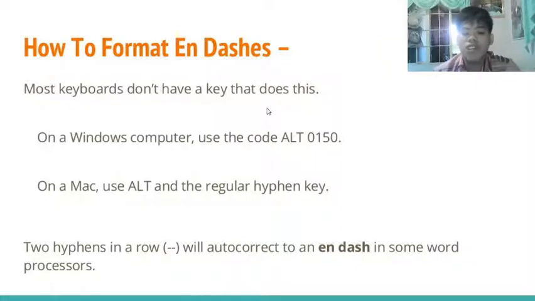On a Mac, use Alt and the regular hyphen key. Two hyphens in a row will autocorrect to an em dash in some word processors. So in some Microsoft Word versions, if you put two hyphens, it will automatically become an em dash.